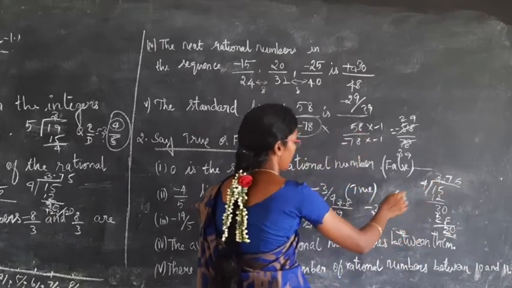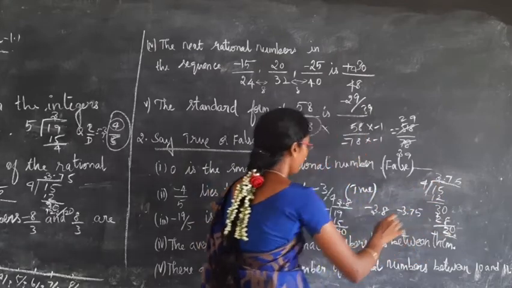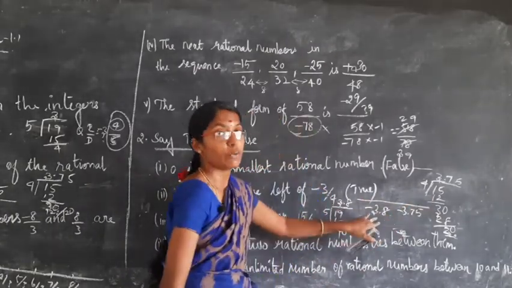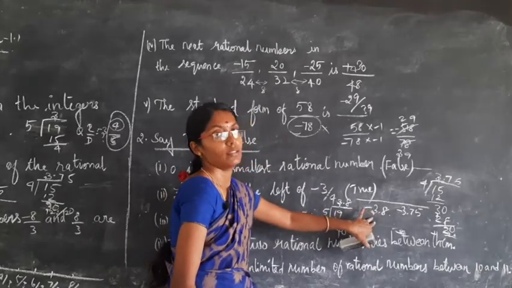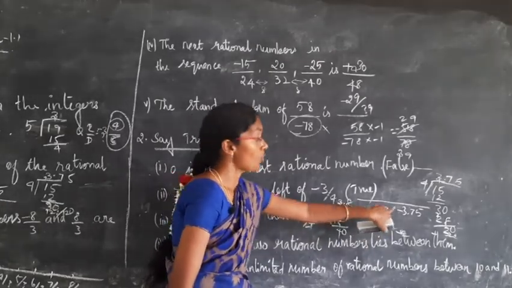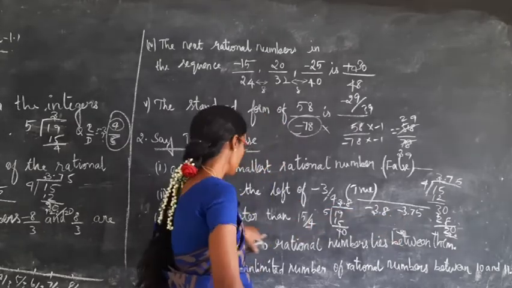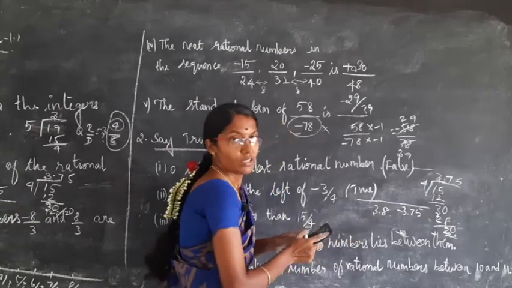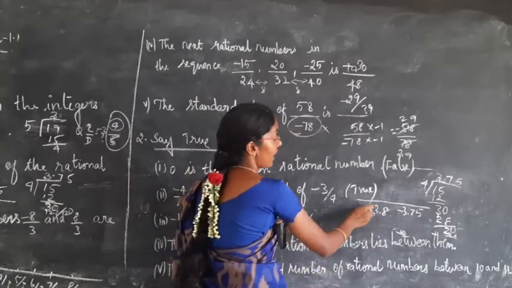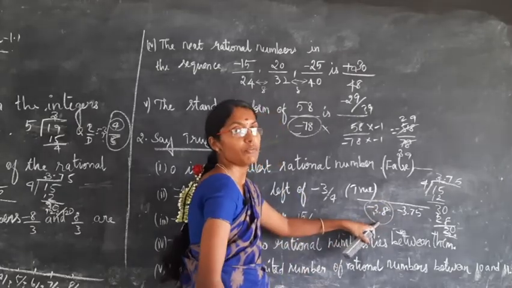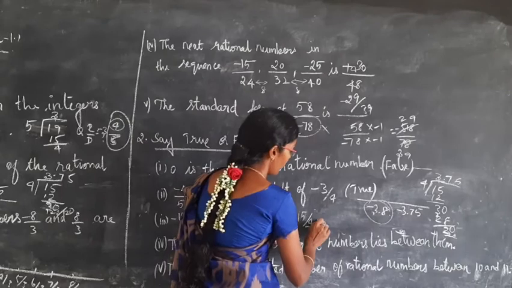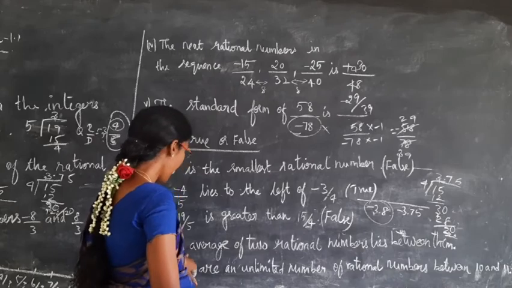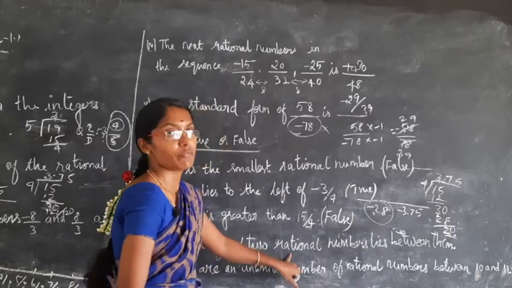So 3.75, that is minus 3.75. What is given here? Minus 3.8. In the number line, for negative integers, the greater value will be smaller. So minus 3.8 is smaller than minus 3.75. It is given here greater. So the statement is false. Clear? So for negative integers, the greater number will be smaller. So it is false.